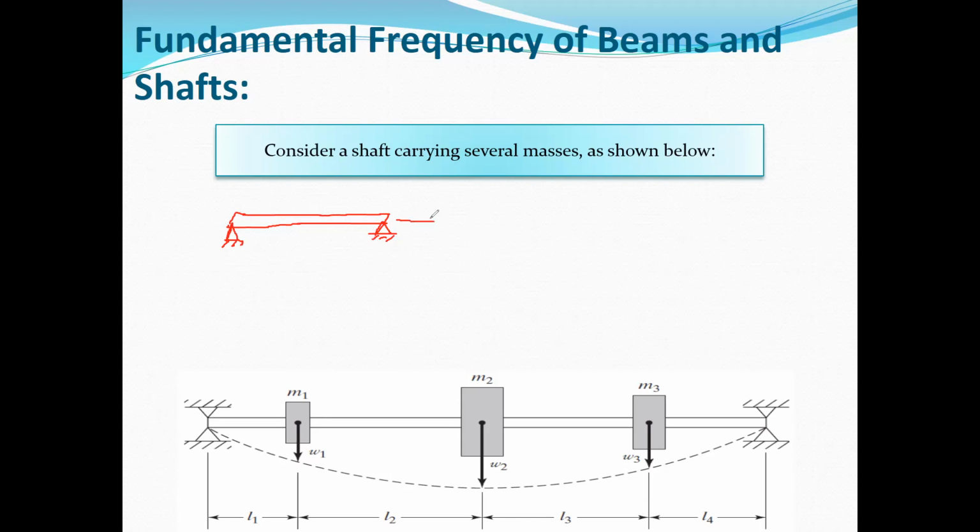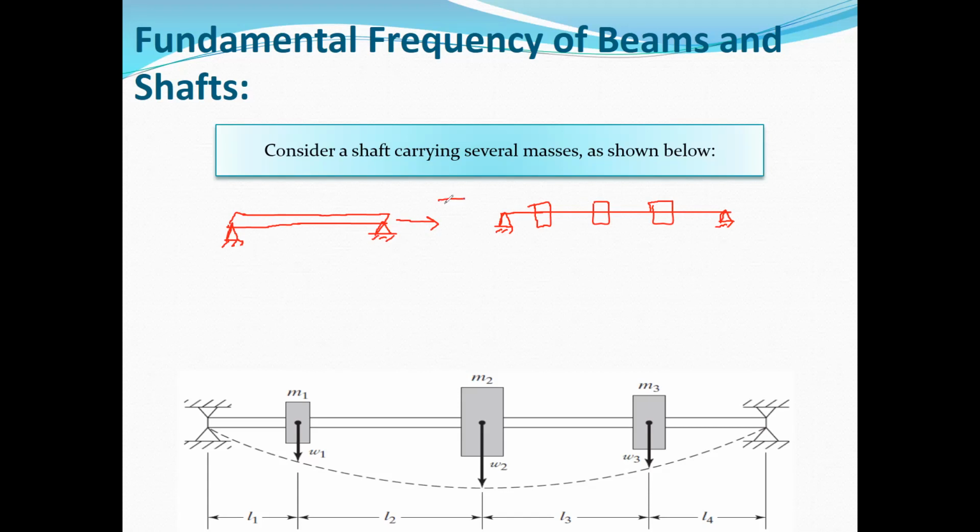For the shafts, most of the time, we assume that this shaft is equivalent to a system of one shaft without any mass and several concentrated masses. These masses can be assumed, for example, with mass M1, M2, and M3, which in fact are equivalent to the total mass of the initial shaft.